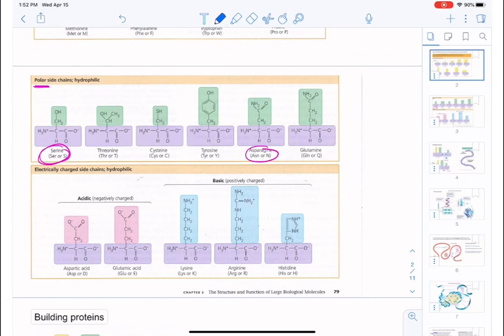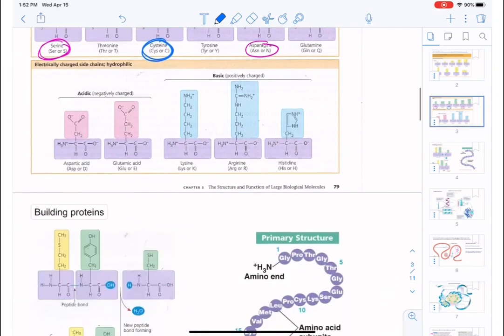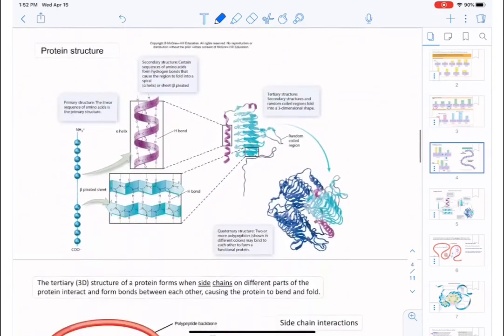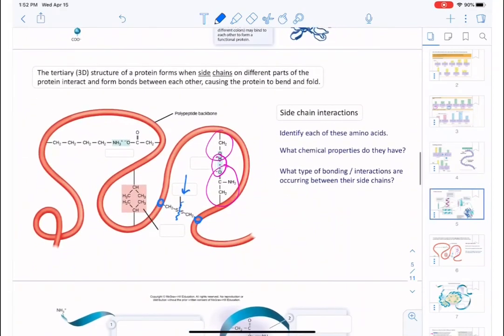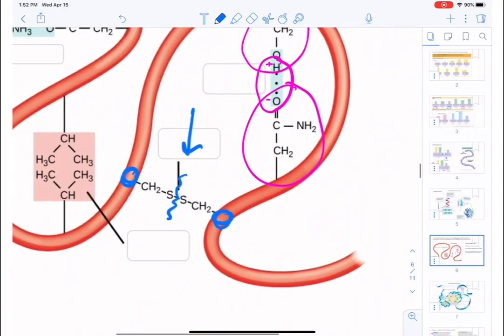What we're looking at there is cysteine. So each of these is cysteine, and those were also polar.